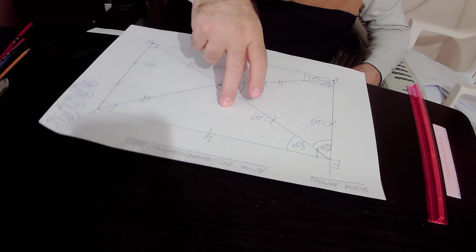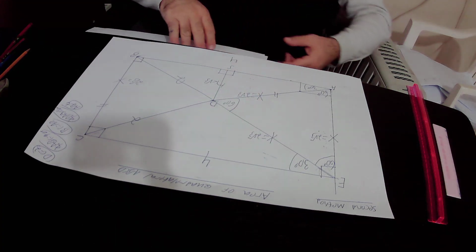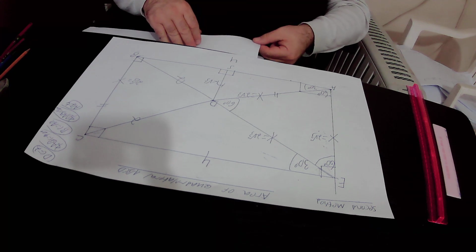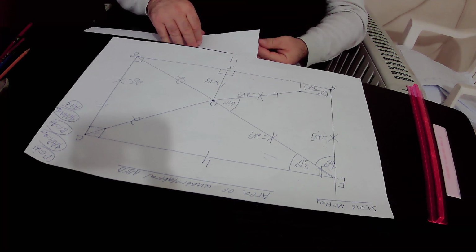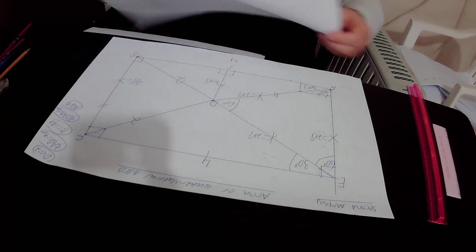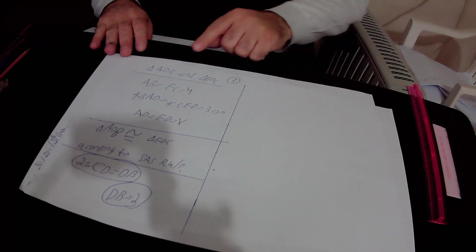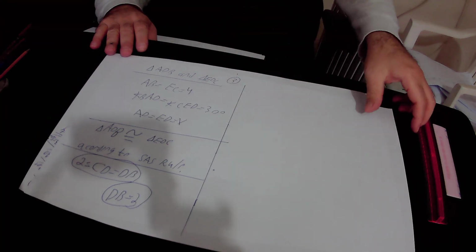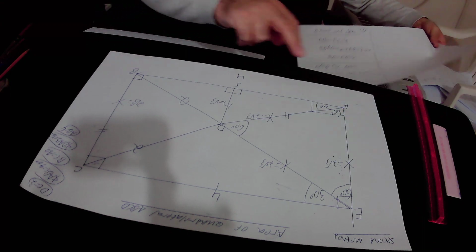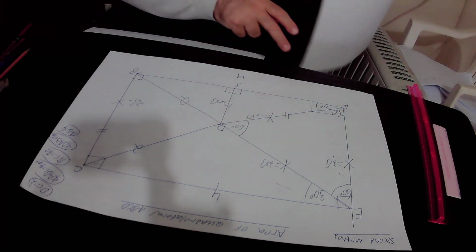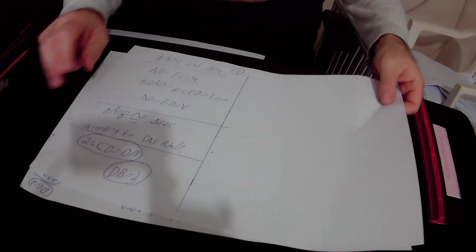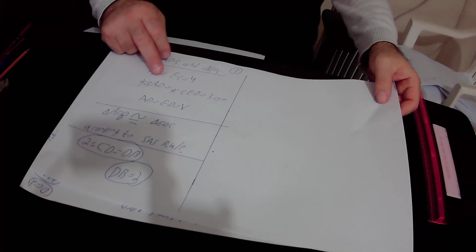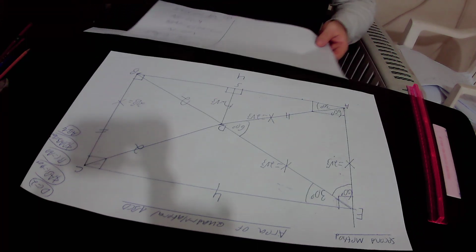Then we prove that those two triangles are congruent. Why are those two triangles congruent? First of all, AB equals EC equals 4 units. Angle BAD equals angle CED equals 30 degrees.